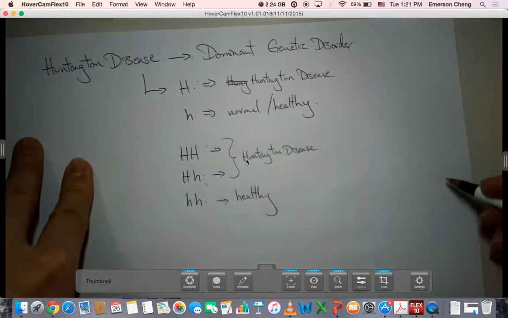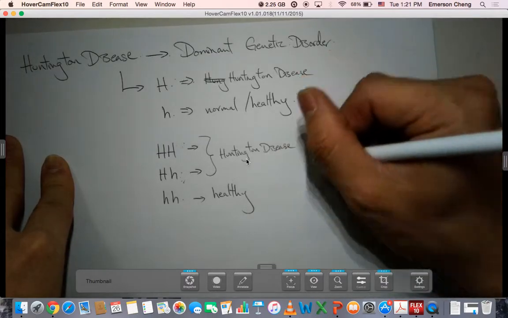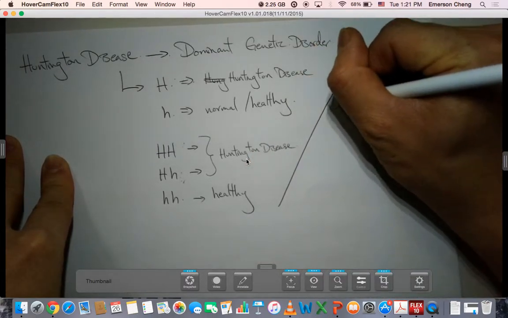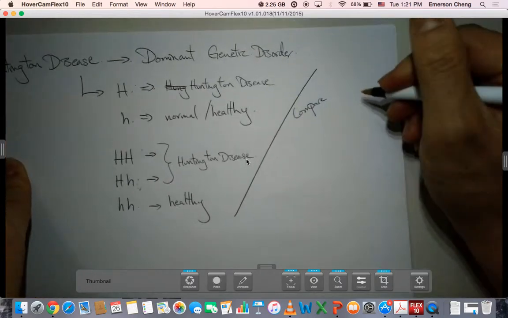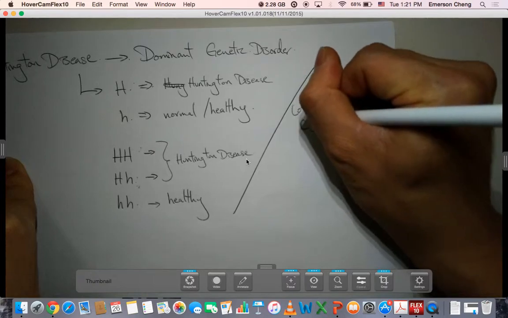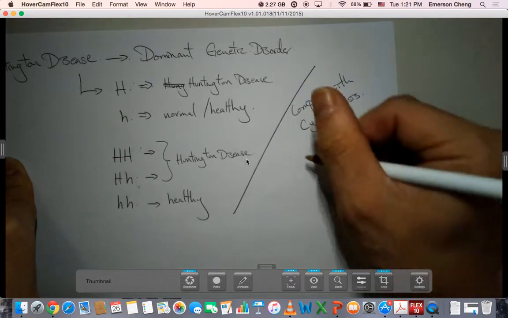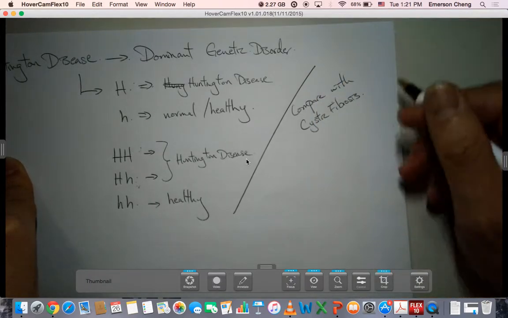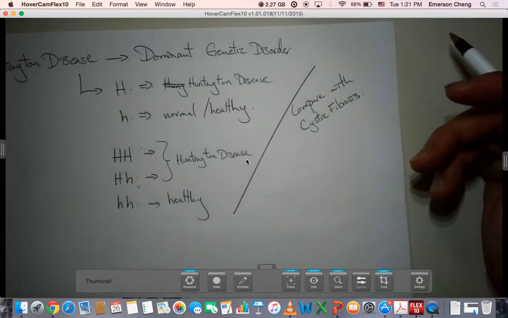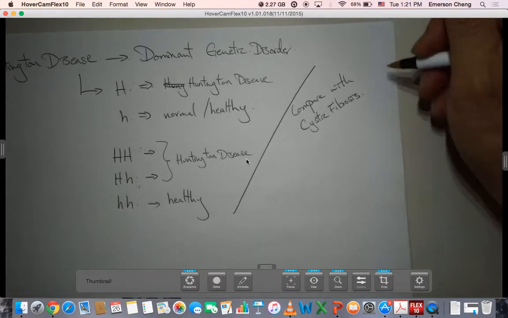If you compare this with cystic fibrosis, and slightly a revision. Cystic fibrosis, it is a recessive trait. So in this case, what was the symbol we used for cystic fibrosis? F, big F, small f, right? Okay.